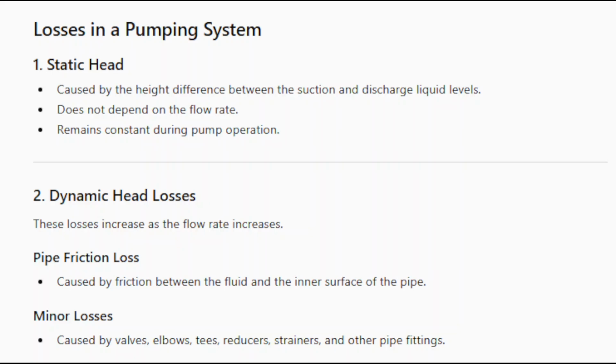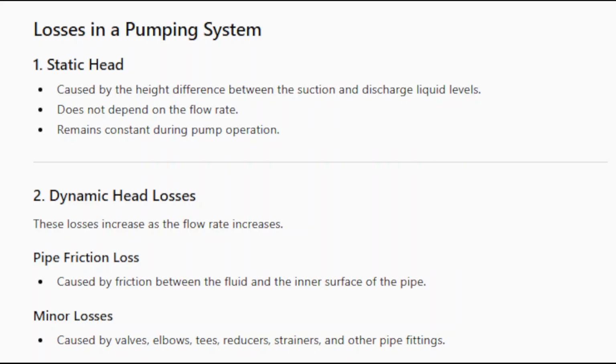Now, let's move on to dynamic head losses. Unlike static head, dynamic head losses increase as the flow rate increases. These losses occur because the flowing liquid experiences resistance while moving through the piping system. Dynamic head losses consist of two components. The first is pipe friction loss. This loss is caused by friction between the flowing liquid and the inner surface of the pipe.